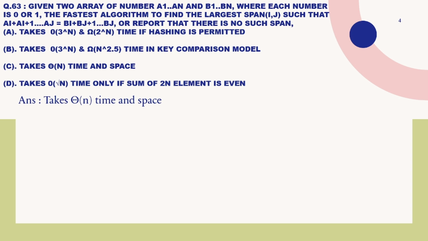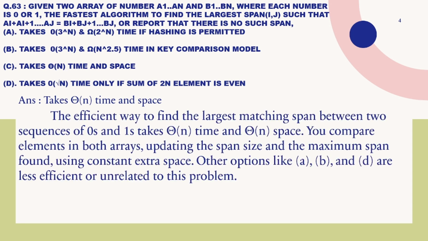So let's start by going through the options. In option A, order of n in 3 raised to n and big omega 2 raised to n implies an exponential time complexity, and it doesn't provide a fast solution.